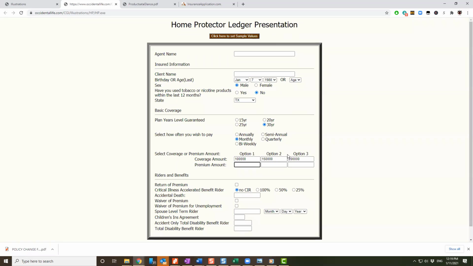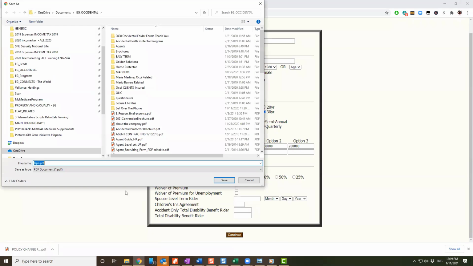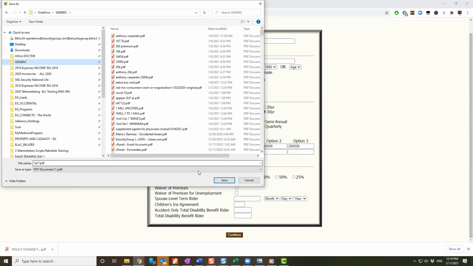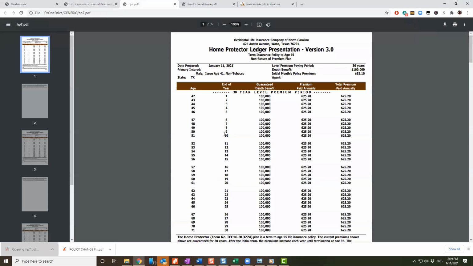Okay, so we can pick three options. I'm not going to go into what benefits we can offer or put in because I just want to do a simple quote. So we're going to click continue. I'm going to save this quote to my generic folder. We're going to save it here, and then I'm going to open it up.